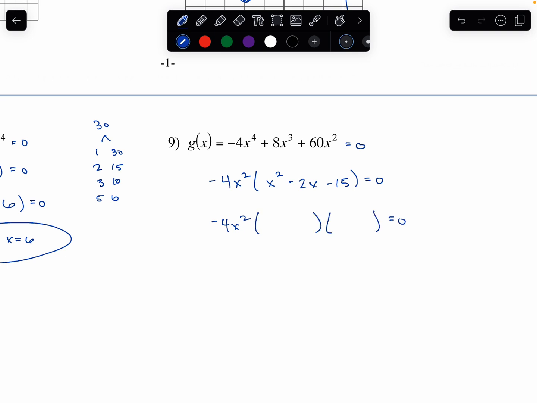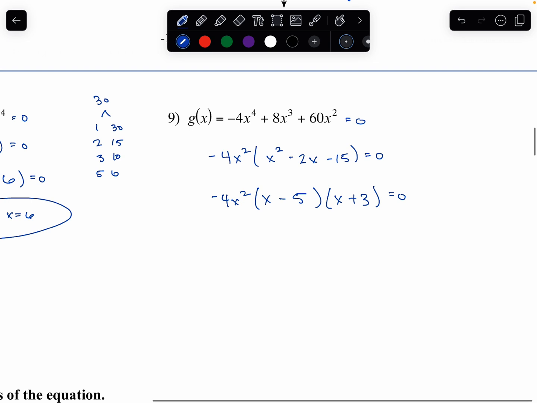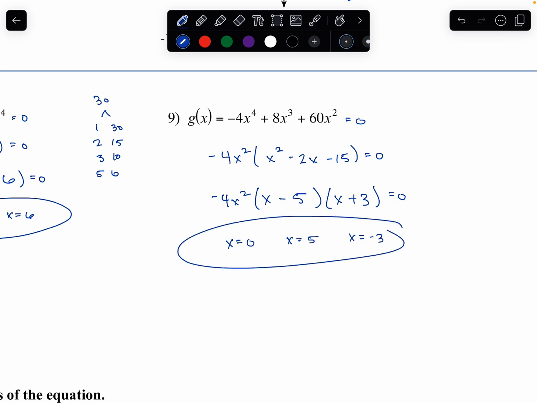Okay, let's see. So we're going to have x and x. What two numbers multiply to be negative 15 and add to be negative 2? That's got to be 5 and 3, right? It'd have to be minus 5 and plus 3. So x would have to be equal to 0, x would have to be equal to 5, and x would have to be equal to negative 3. So those are the three solutions there.